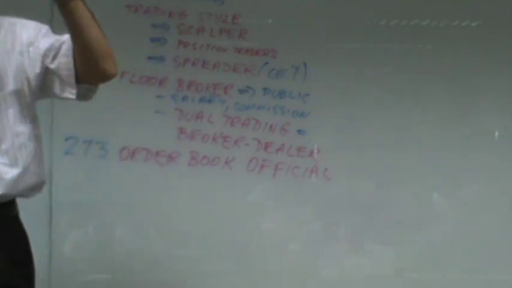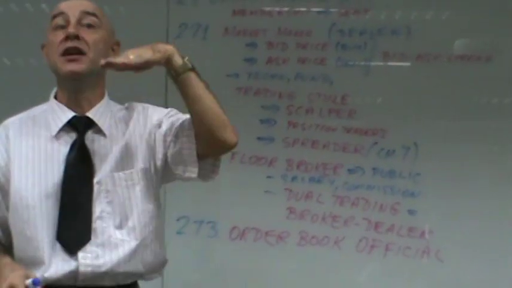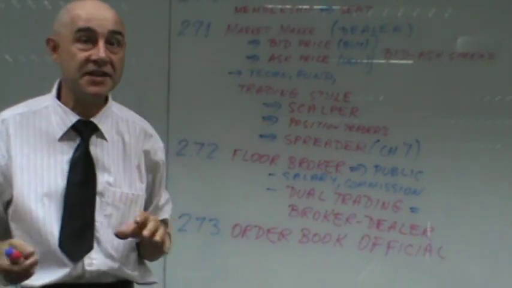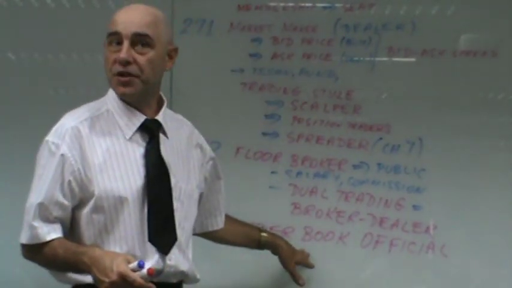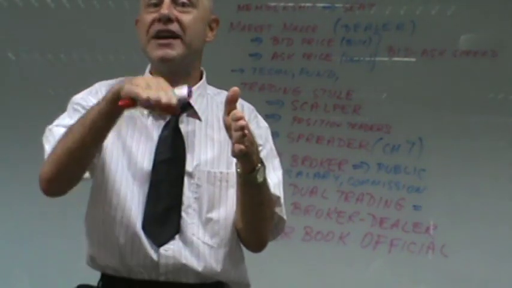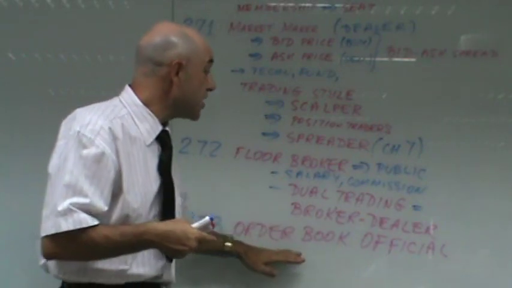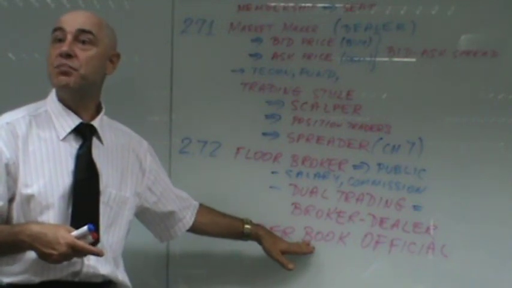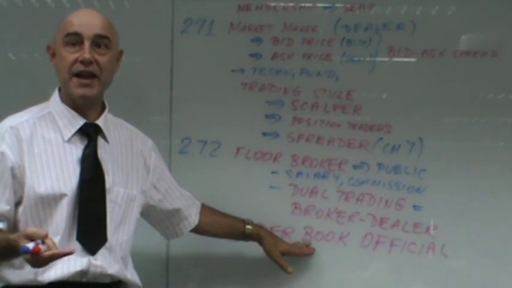So there'll be buy at no more than 15, buy at no more than 16, buy at no more than 17, or sell no more than 25, no more than 26. I'll get to explain these in a few minutes. So there is a book with all open orders, and he'll maintain that book. And when there is a market order to execute or the price reaches certain limit, he'll automatically execute these. So, he's an official of the exchange who maintains the order book and who makes sure that orders are executed properly, okay, and on time.